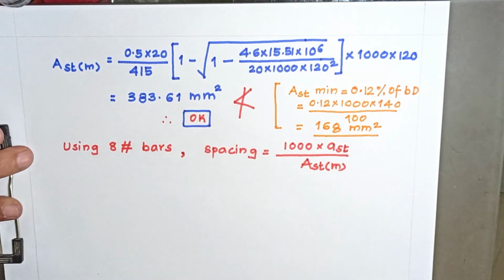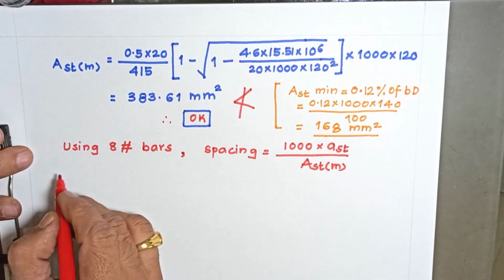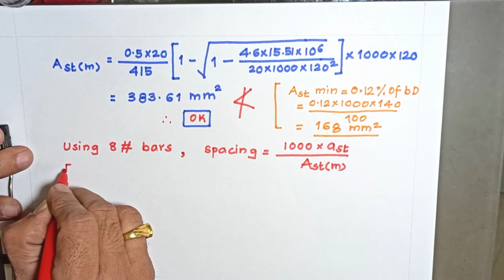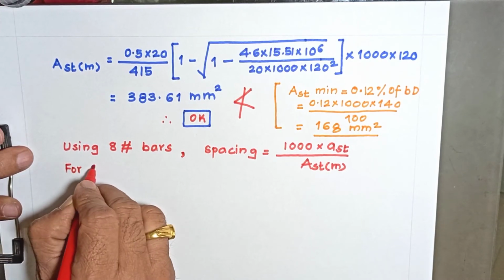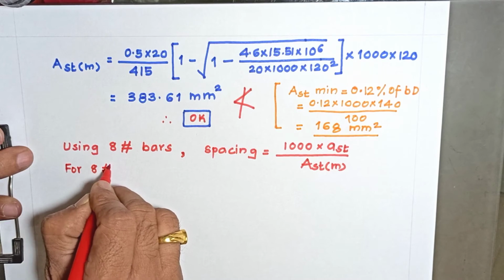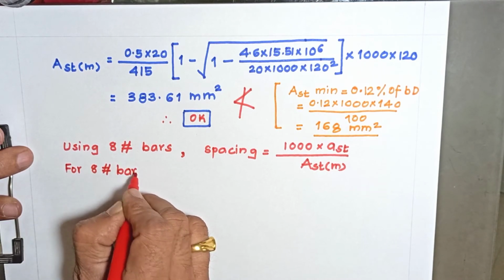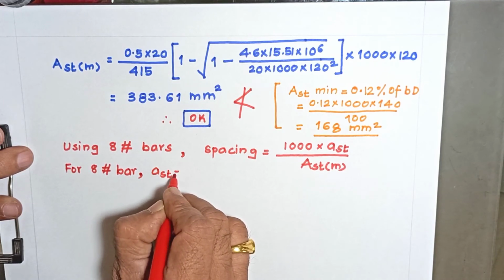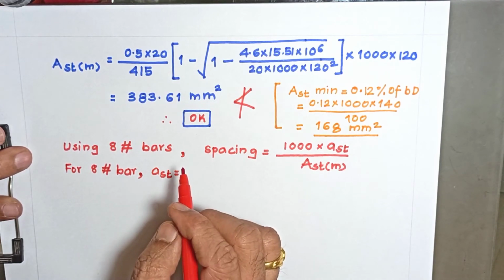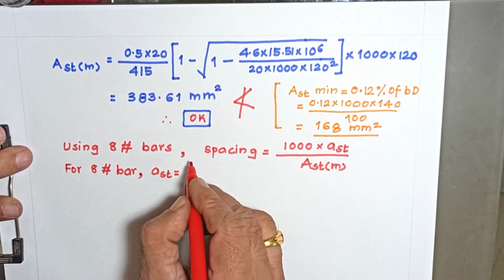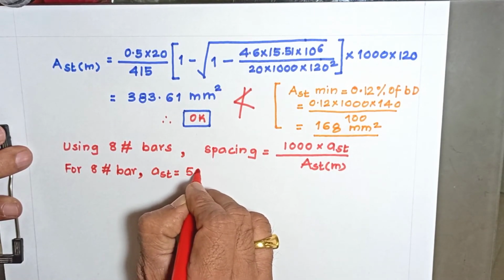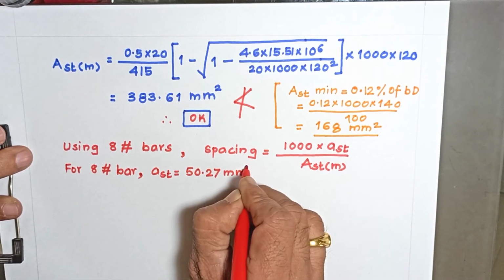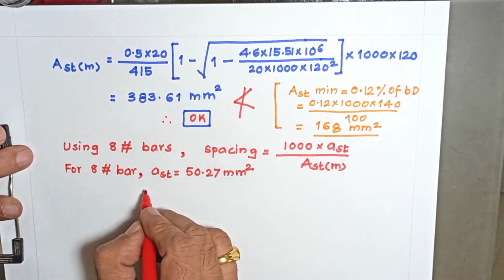We know that for an 8 tor bar, small Ast is equal to 50.27 mm square.